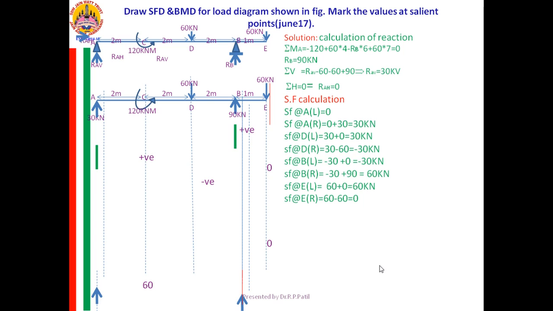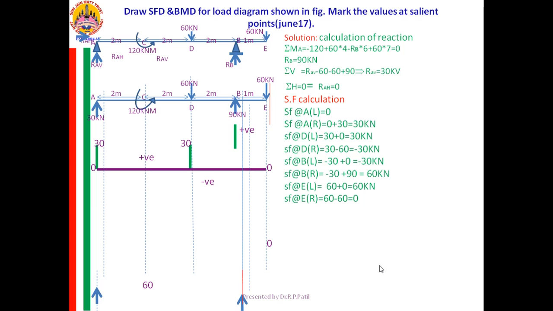We need to complete the SF diagram. First you draw the 0 line. Then you know SF at A is plus 30, erect an ordinate of 30 there. Then SF at D left is 30, erect an ordinate of 30 there.